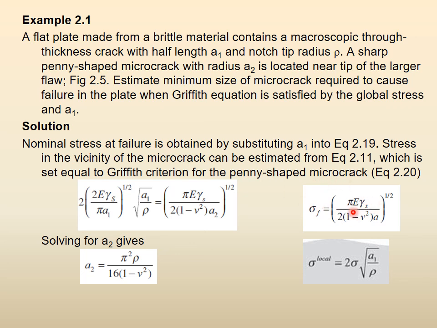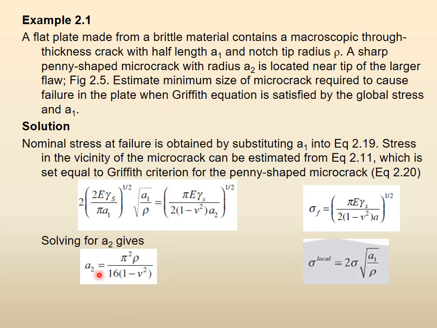So now you take the Griffith equation, you take the penny shaped crack equation, you substitute, equate the two equations, and once you have equated them, then solve for A2. In this equation, A is A2 of the penny shaped crack that we showed you in the diagram, right? Penny shaped crack of size A2.